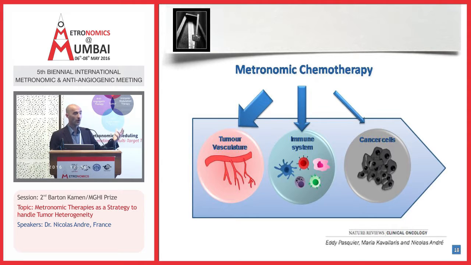But remember, it also acts on cancer cells. And Bob said yesterday and the day before that we should reevaluate how metronomic therapy acts on the vessels. But I think we should also reevaluate and be aware that metronomic can also directly kill cancer cells. And this is one of the reasons why we think we should be re-evaluating it.